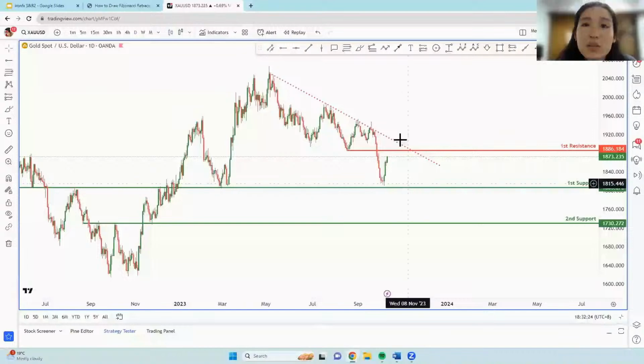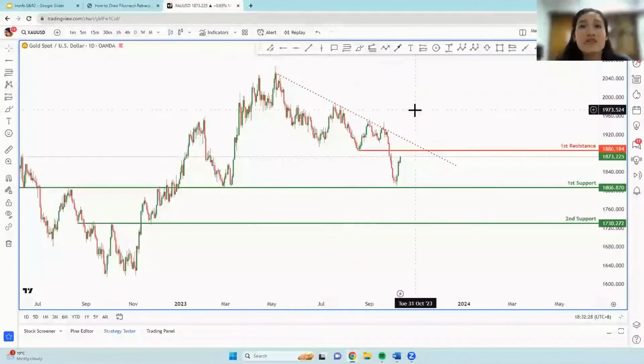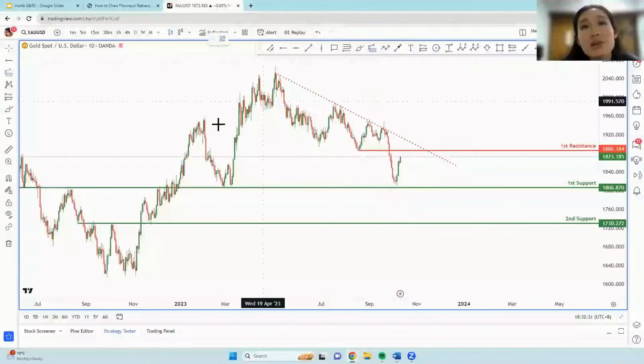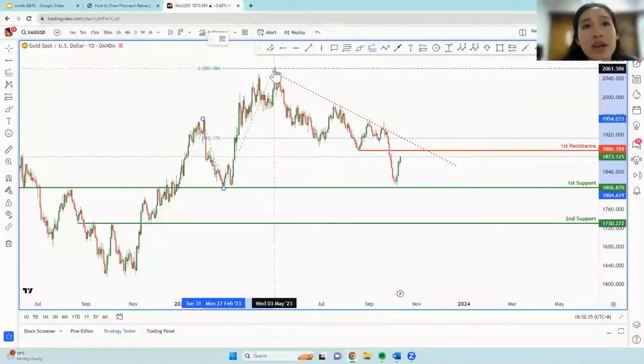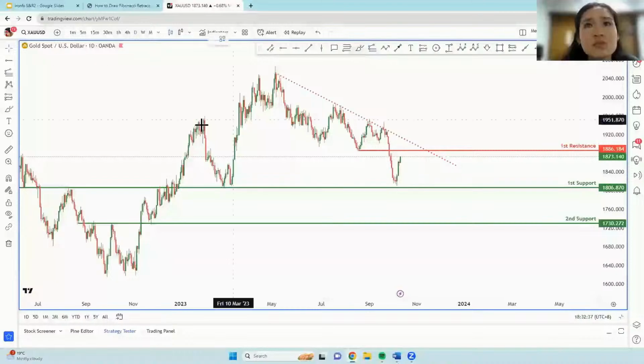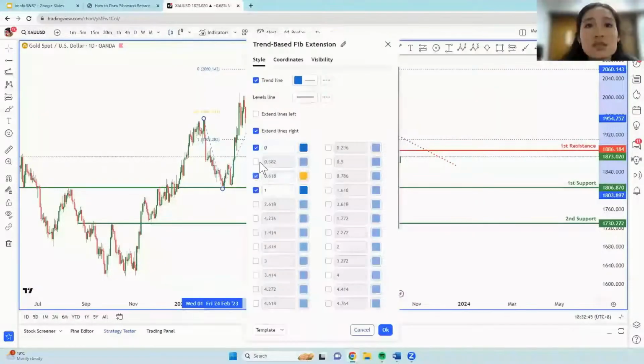So here we are playing the continuation. Now that I have my Fibonacci levels, I'm going to go ahead and add some Fibonacci levels to support my support and resistance levels.